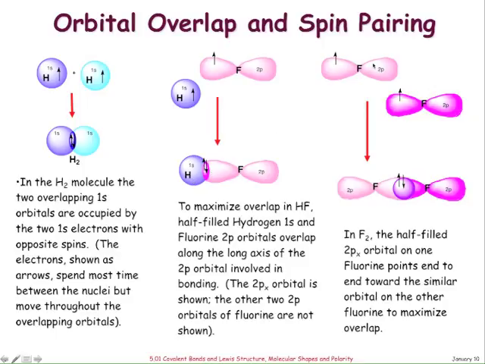Now when two fluorines come together, remember that fluorine's valence electrons are found in the p orbital, the last electrons that are unpaired. So when the two unpaired electrons come together, it's the two p orbitals that come together, and this is the overlap that you get. So scientists have a good way of explaining how these atomic orbitals come together, the hybridization, or the change that results when atomic orbitals overlap.